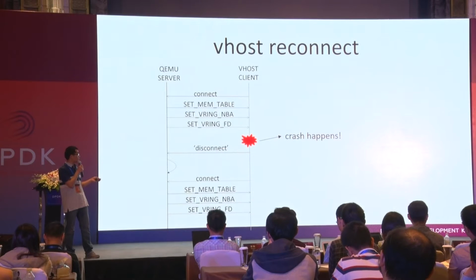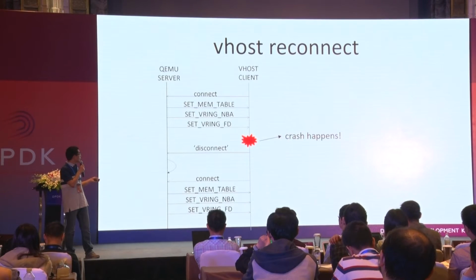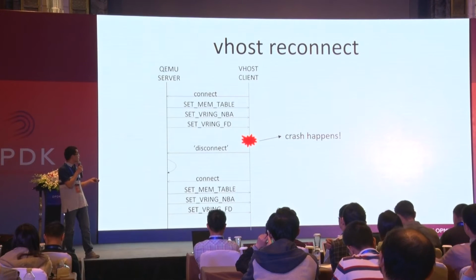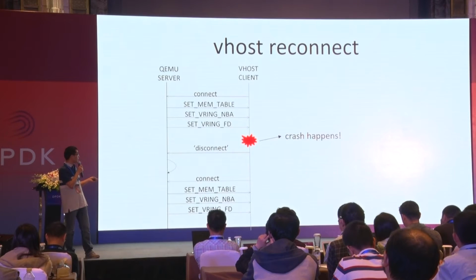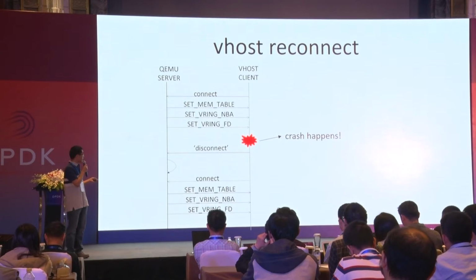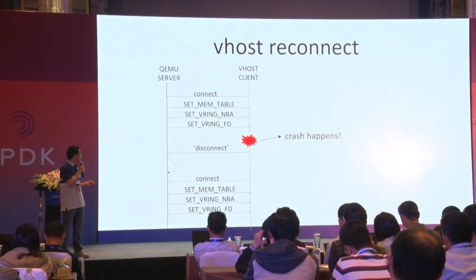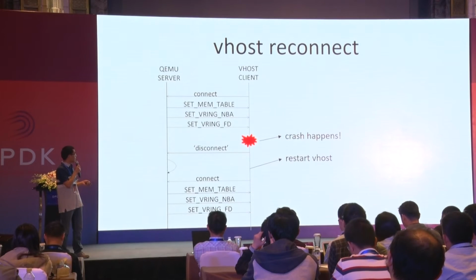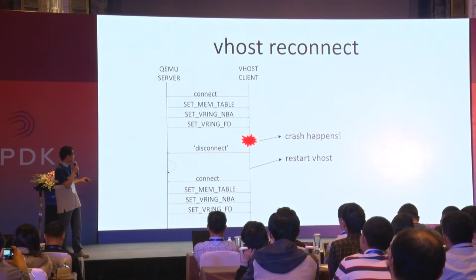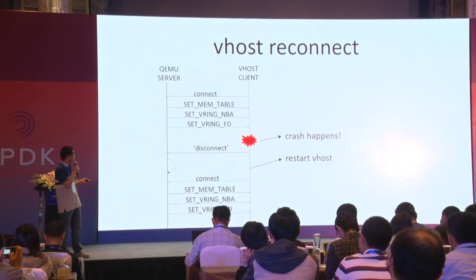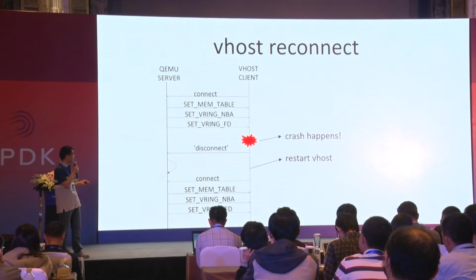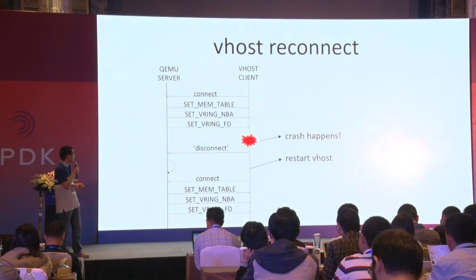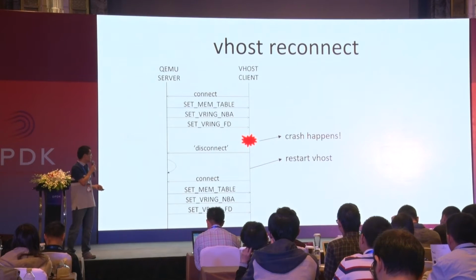However, now if Vhost crashes or is killed, QEMU will detect this event, and QEMU will need to make some changes so that it can establish a new connection. Then we restart Vhost and start the new connection. QEMU will have the virtqueue as well as other information and resend them to Vhost.